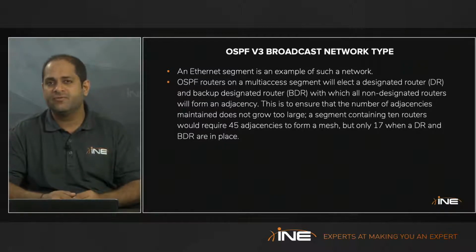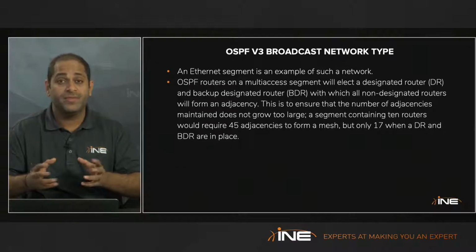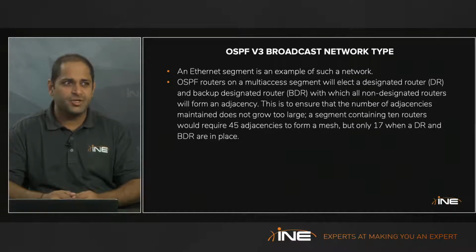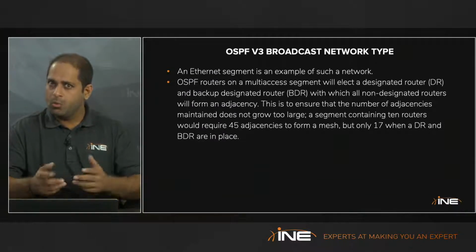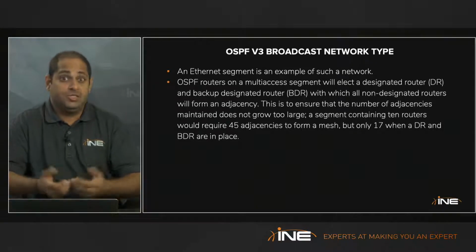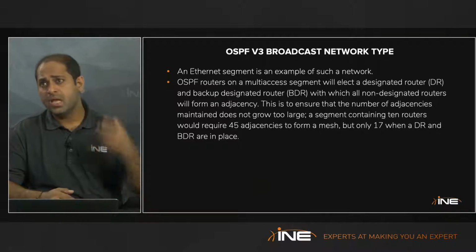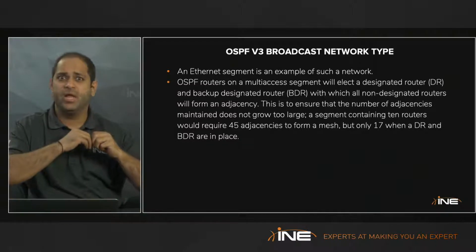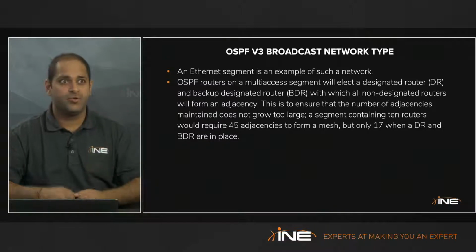The whole reason for a DR to be elected is to reduce the amount of LSA floods in that broadcast domain. Because imagine if I have, let's say, 5 routers in a broadcast segment, what's going to happen without a DR? Assuming there was no DR concept, router 1 would send an update to maybe router 2, and router 2 would send the same information to router 3.